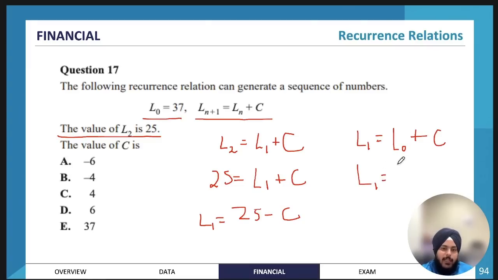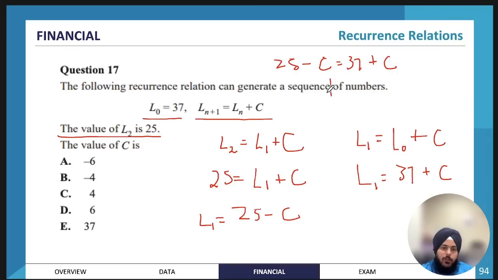It's just 37 plus C. Then we might want to let them equal to each other, because L1 is equal to L1. So we might do 25 minus C equal to 37 plus C.